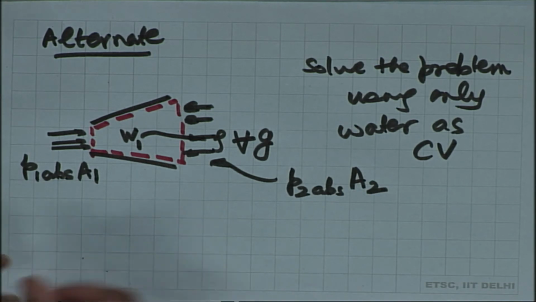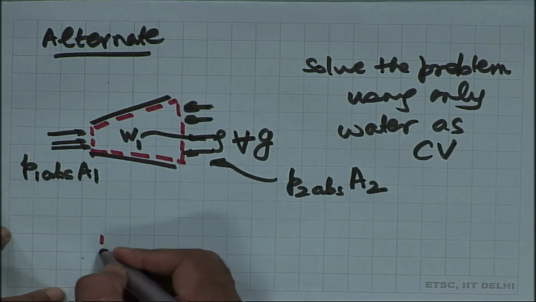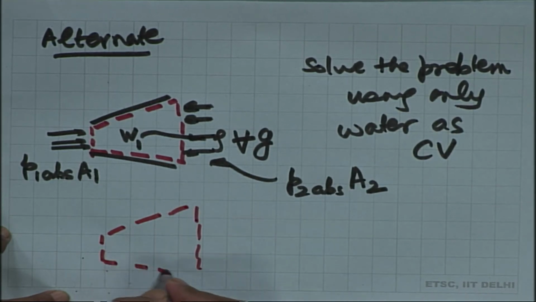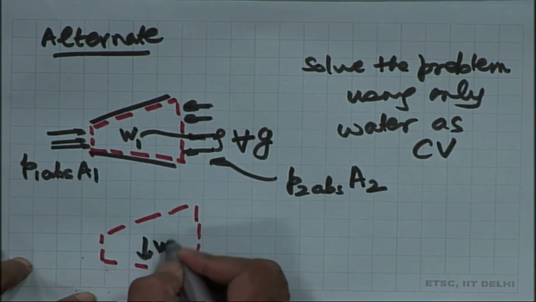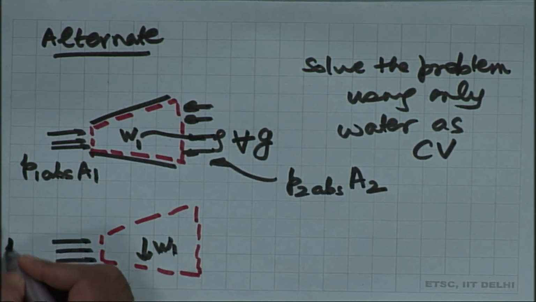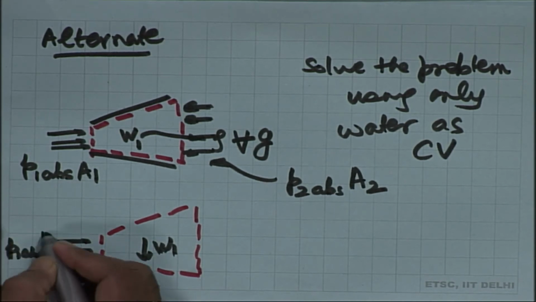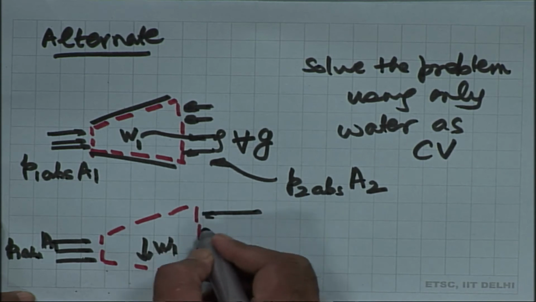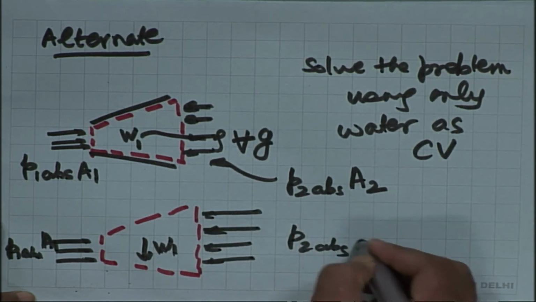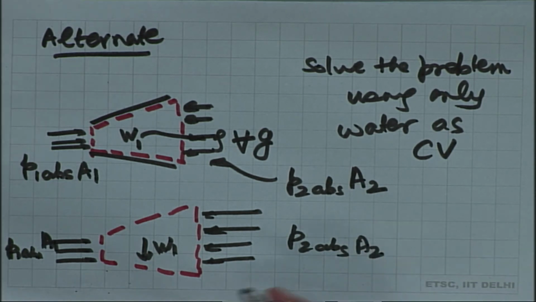So, on the control volume, if I draw the external forces, the external forces are W1, then P1 absolute A1 and P2 absolute A2, and P2 absolute for the given problem is nothing but P atmosphere.